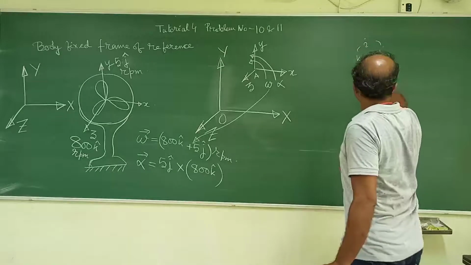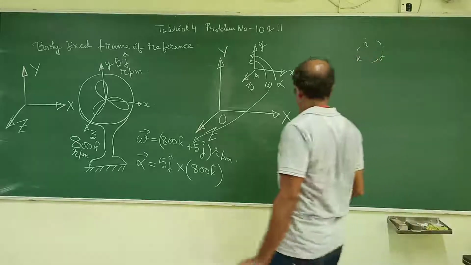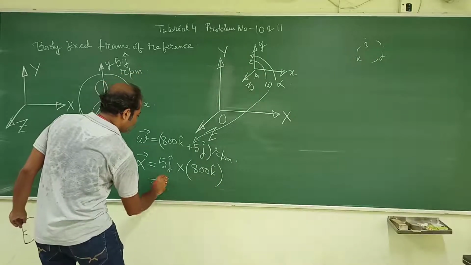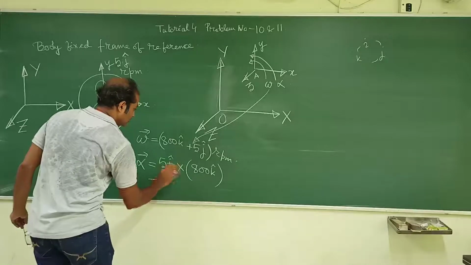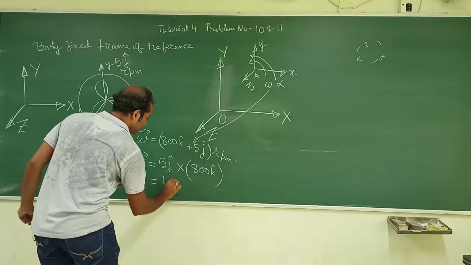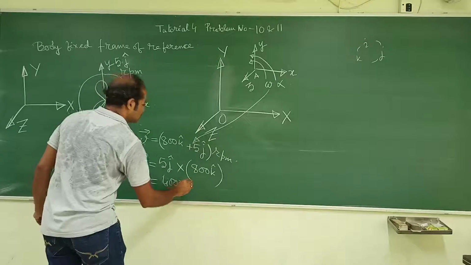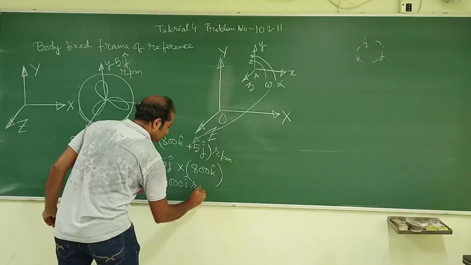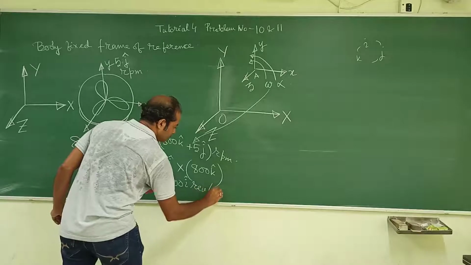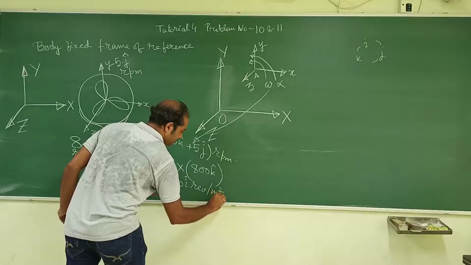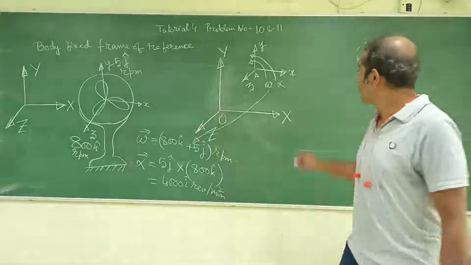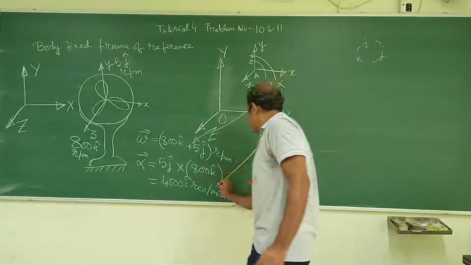So it becomes j times k, i. So it is 4000 i revolution per minute squared.